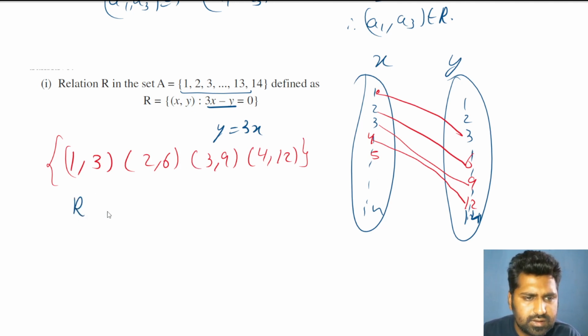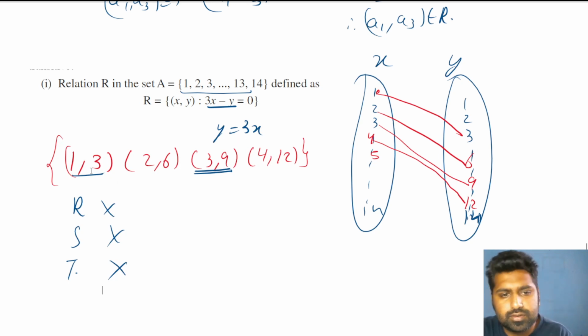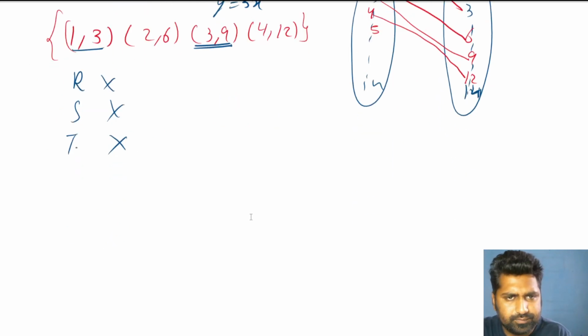So reflexive, no. Symmetric, 1 comma 3 is there. Is 3 comma 1 present? No. 3 comma 9 is there, so not even symmetric. Transitive, see 1 comma 3 is there, 3 comma 9 is there. Is 1 comma 9 present? No. So a1 a2, a2 a3 are there, but a1 a3 is not present. After writing this you can judge.